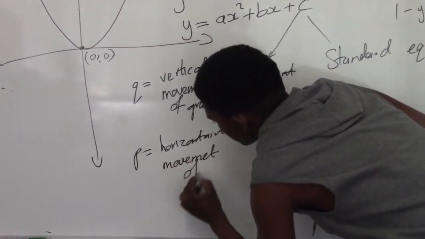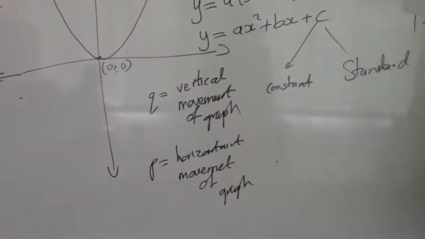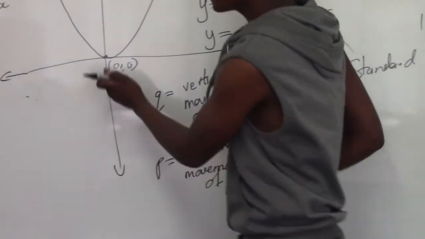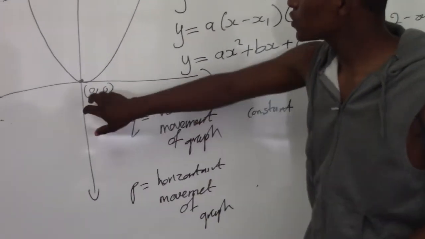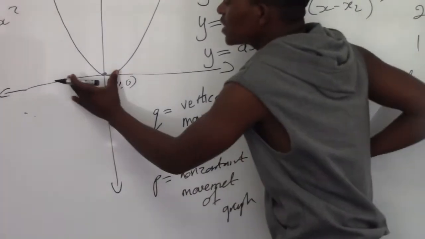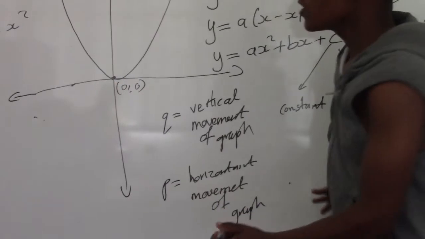Because we are having a turning point, at some point your graph should pass certain points on your Cartesian plane.